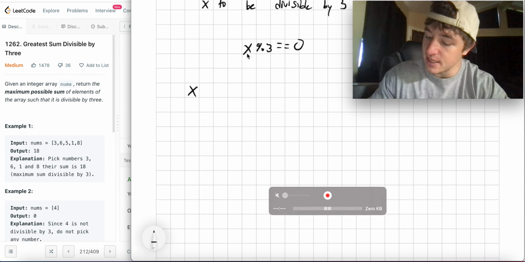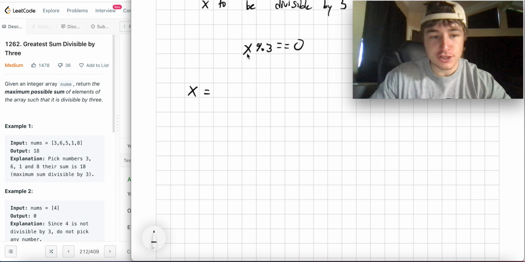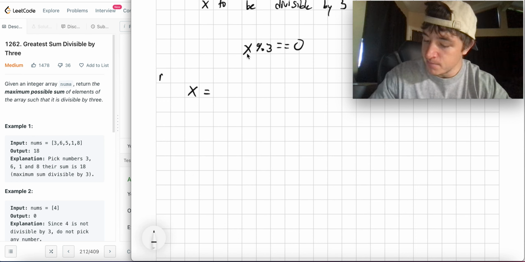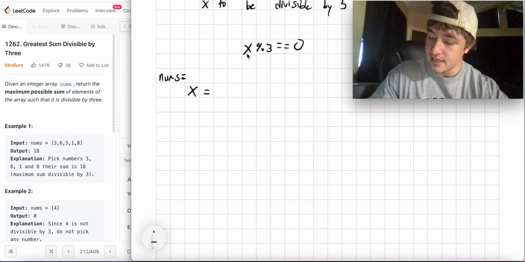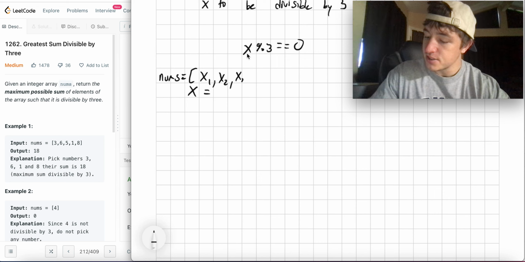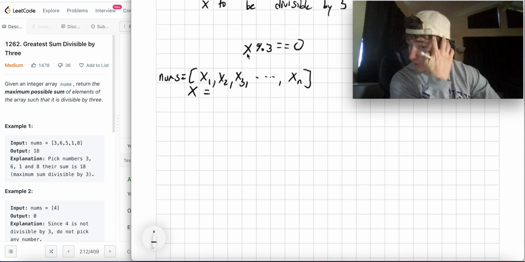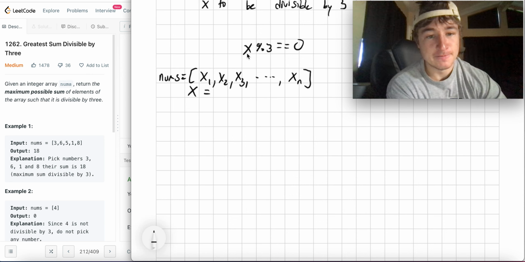So x is going to equal, for some generic nums, let's use a very generic argument to try to build our intuition. Let's say nums equals x1, x2, x3, up to xn. Okay, so I'm just saying a very generic system.